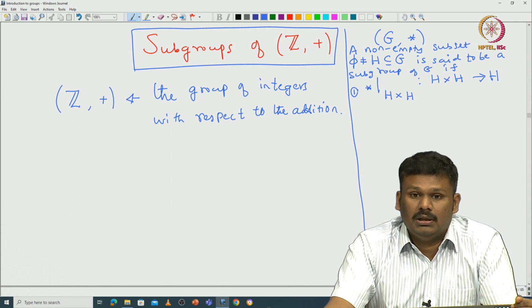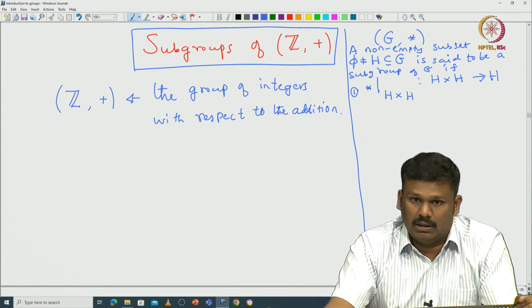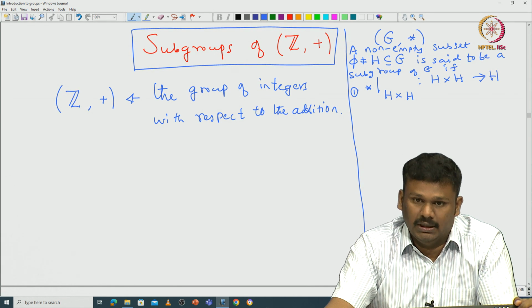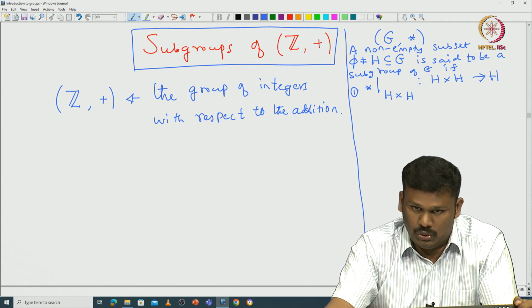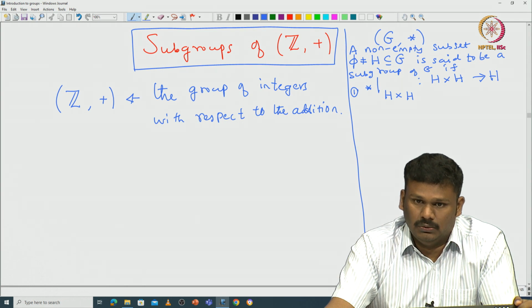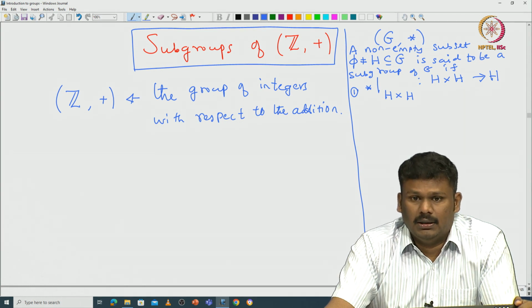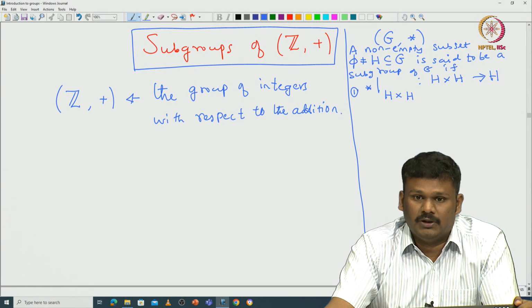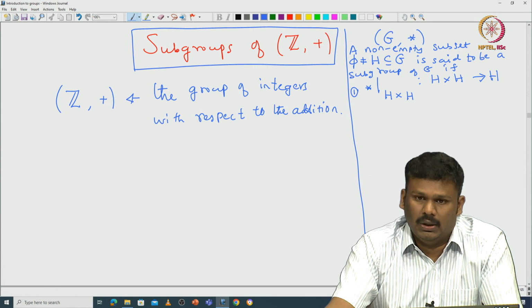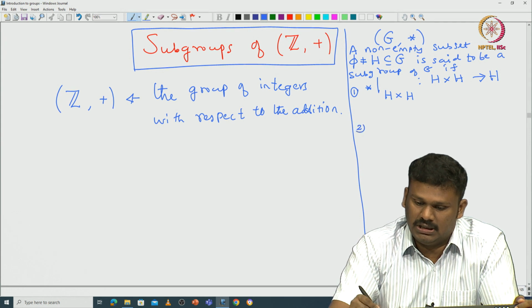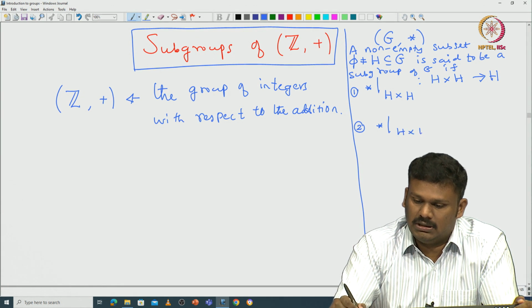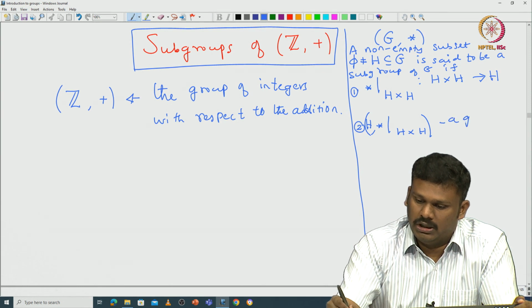The first condition: you take star, the binary operation defined on G, which is a map from G cross G to G, and restrict it to H. Then you have a map from H cross H to H. That means if you take two elements A, B from H, then A star B should again be an element of H. The second condition: this star restricted to H cross H, with H, should be a group on its own.